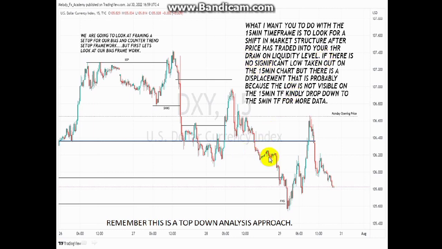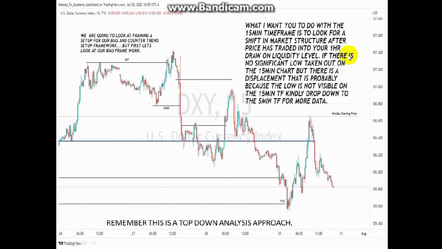We can still take an entry when price came back and gave a little movement, but that would be too late, and price would have already reached the drawn liquidity where I was expecting price to be drawn to, right?